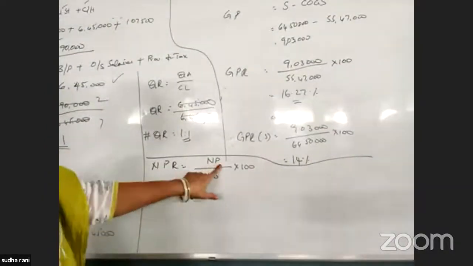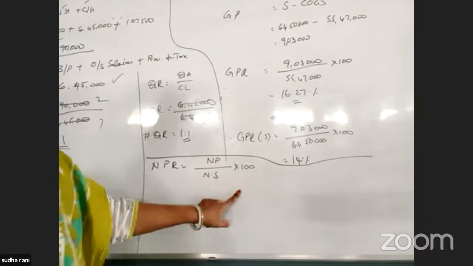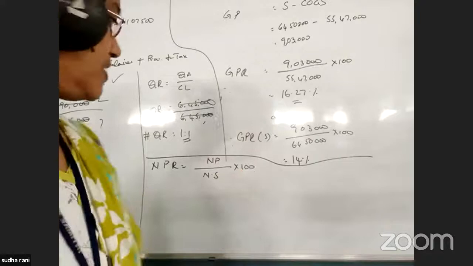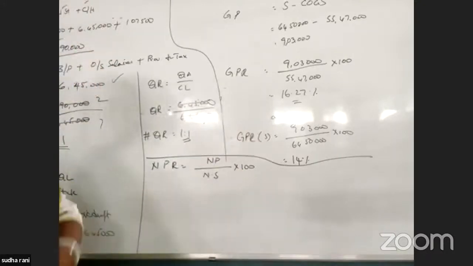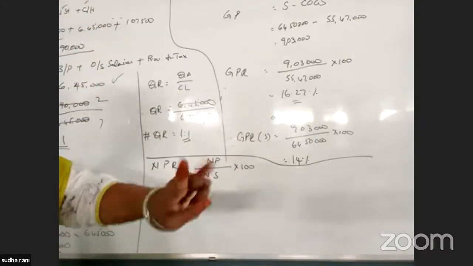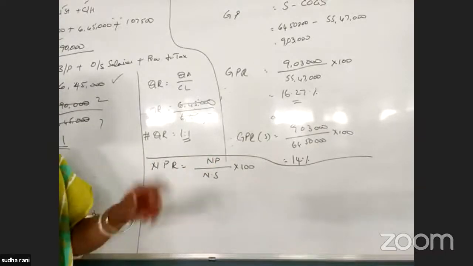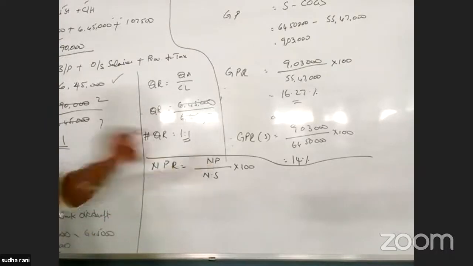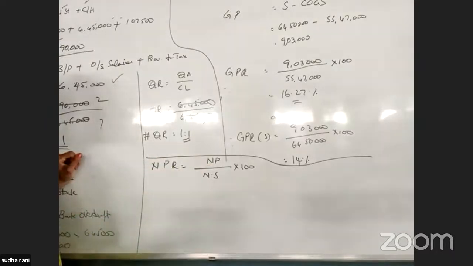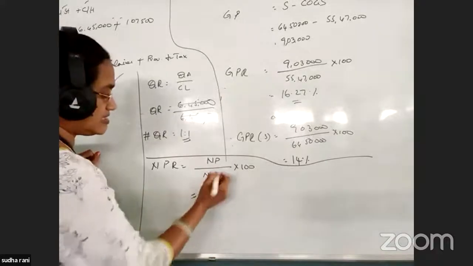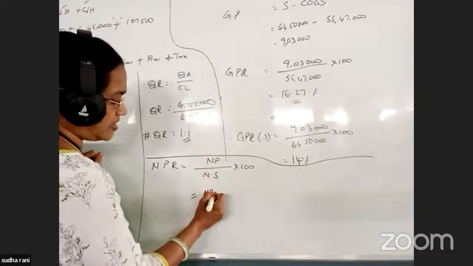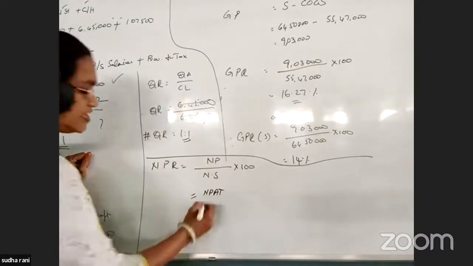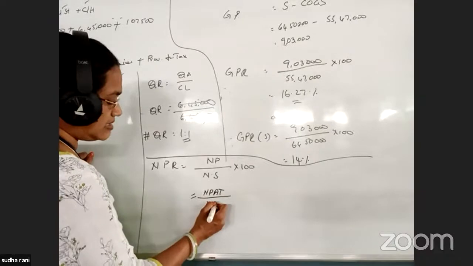Profitability ratios we express in terms of percentage, so we multiply with 100. Two net profits are given: net profit before tax and net profit after tax. So which profit has to be taken? Net profit after tax we will always take. Net profit after tax is important to take to calculate the net profit ratio. Net profit after tax by net sales.